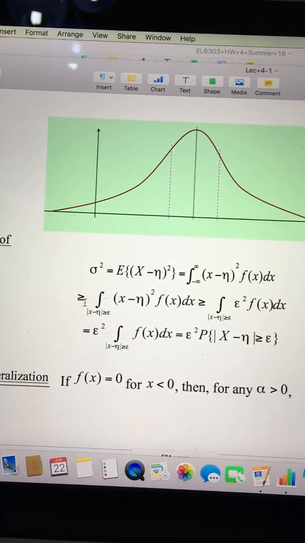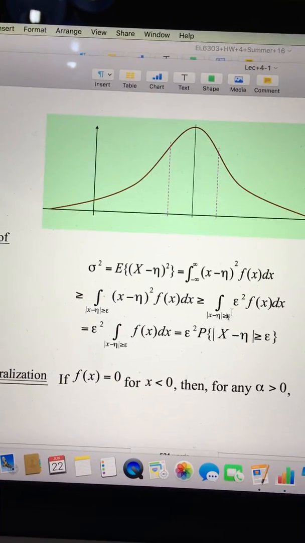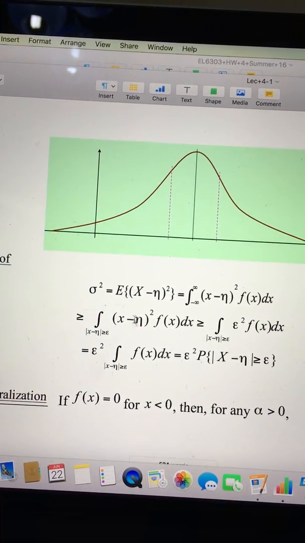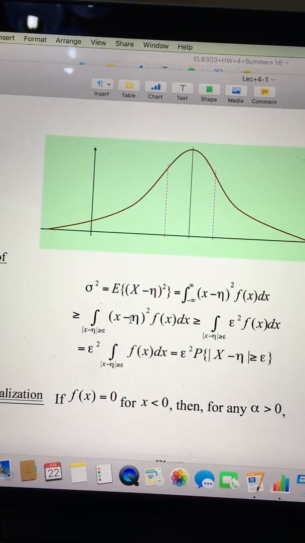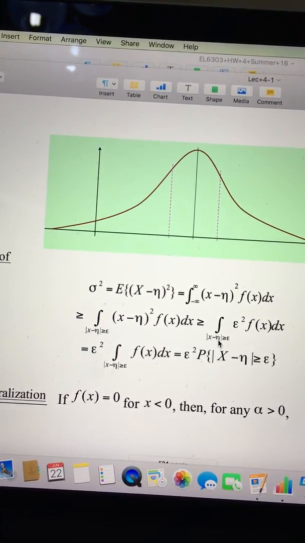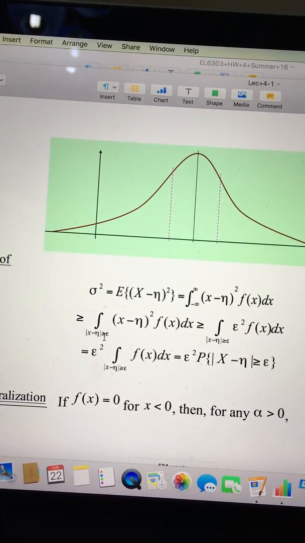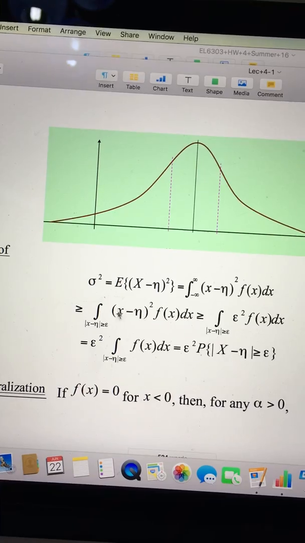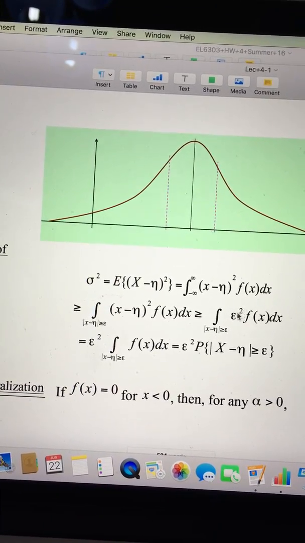because this area is smaller than the whole area, so this will be larger than this. And this will be larger than this because in the area where |x minus eta| is larger than or equal to epsilon, (x minus eta) square is larger than or equal to epsilon square, so this part is larger than this part.